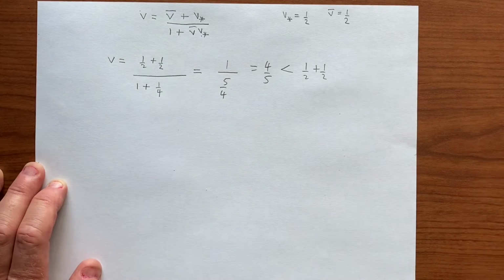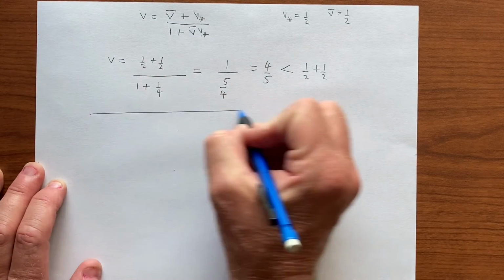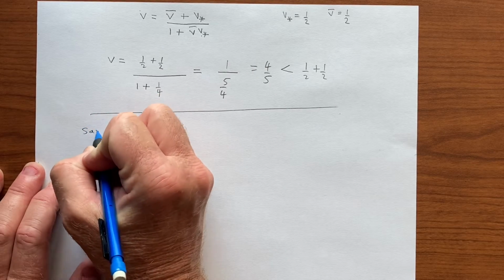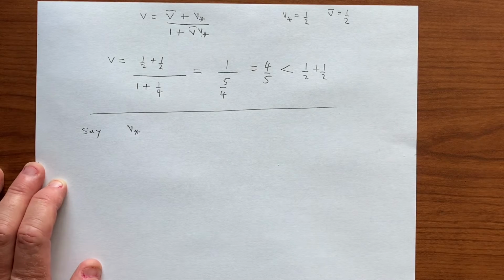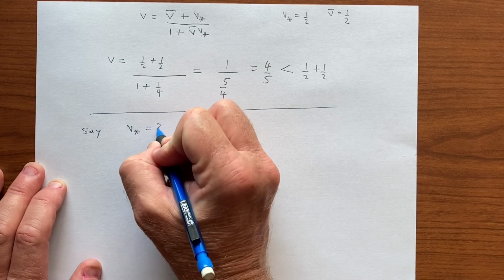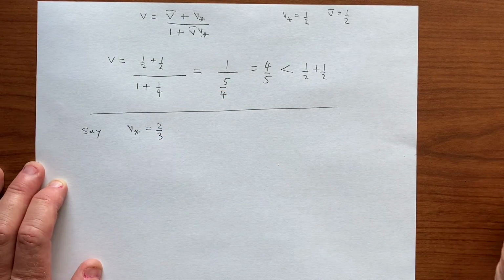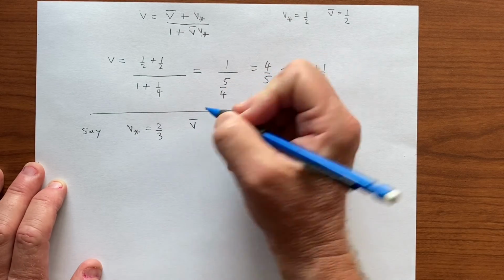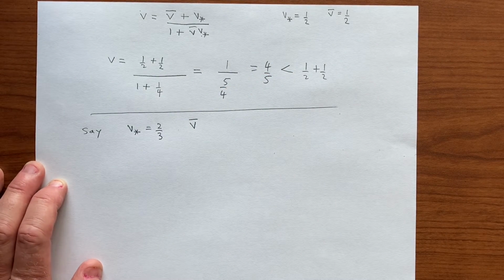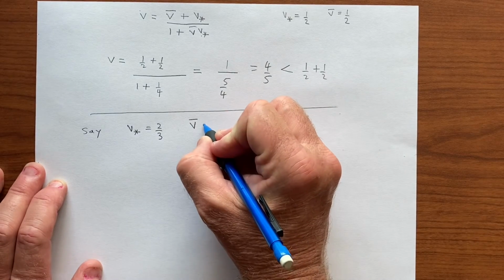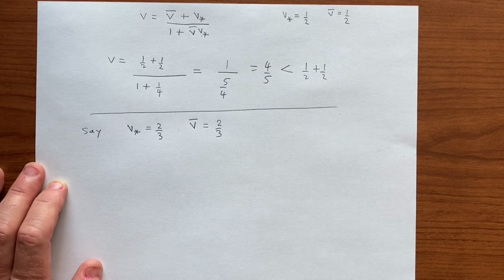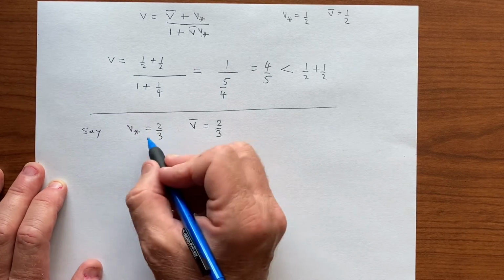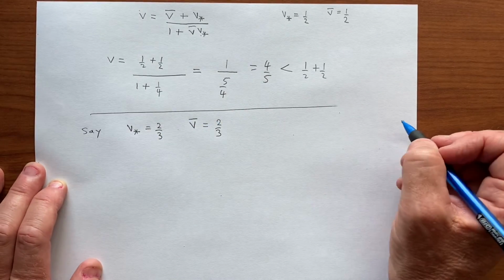What about a case where the relative velocity between the two frames is 2/3 the speed of light, or 2/3 in this case, and the speed of the object as measured in x bar t bar is v bar equals also 2/3. What do we get? It's not going to be 2/3 plus 2/3, which would be greater than the speed of light, right?